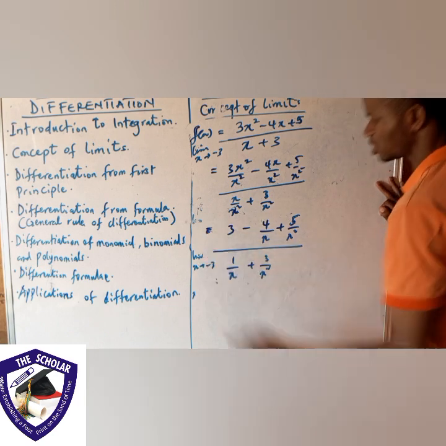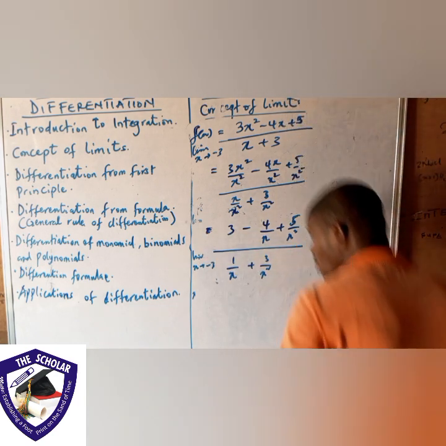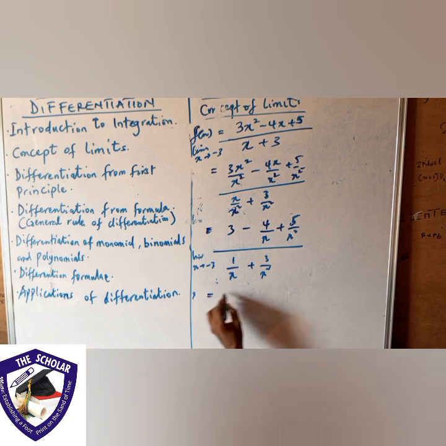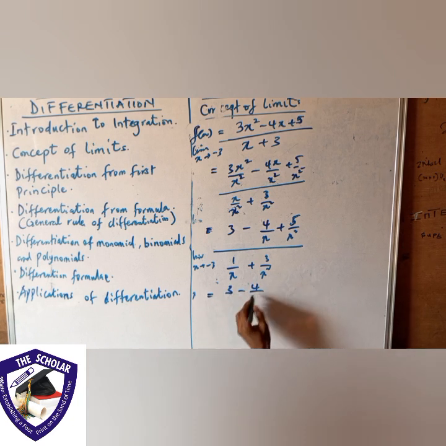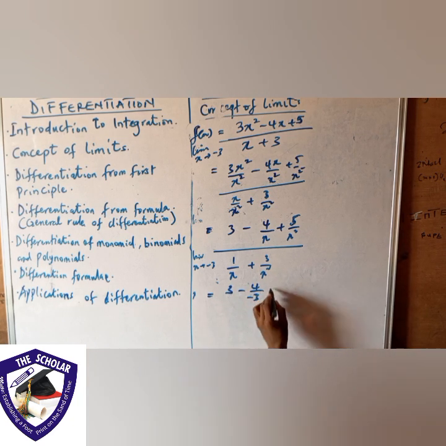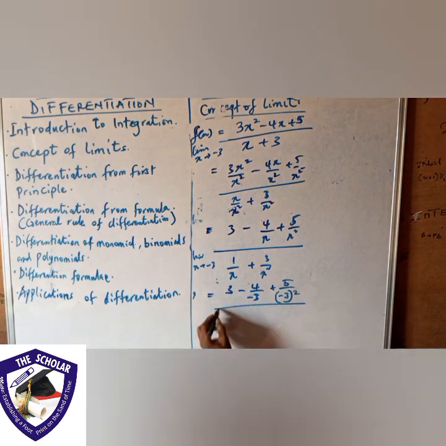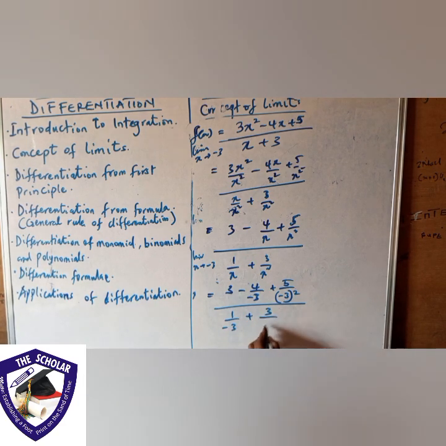Then we can now substitute. When x is minus 3, anywhere we see x, put minus 3 there. That gives us 3 minus 4 over minus 3 plus 5 over minus 3 all squared, divided by 1 over minus 3 plus 3 over minus 3 all squared.